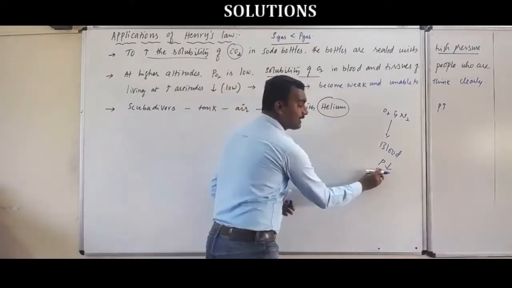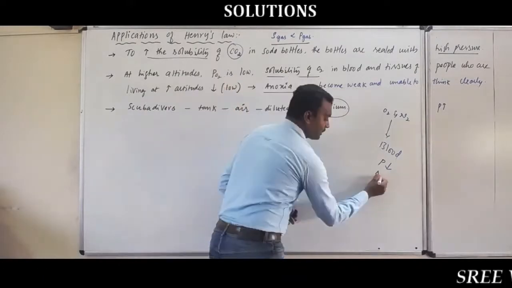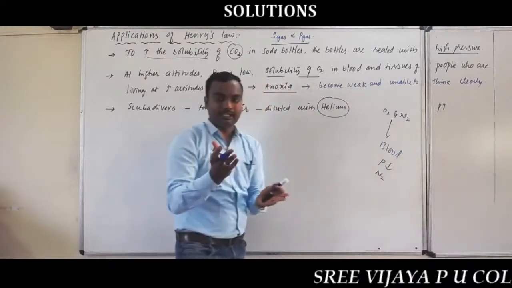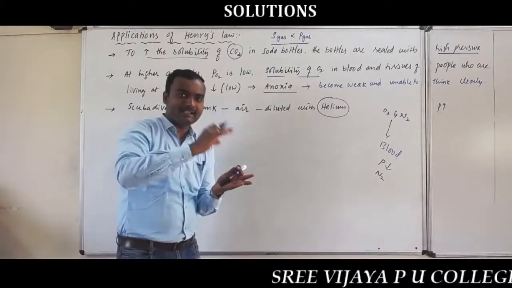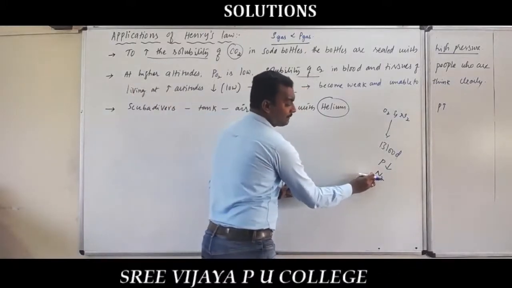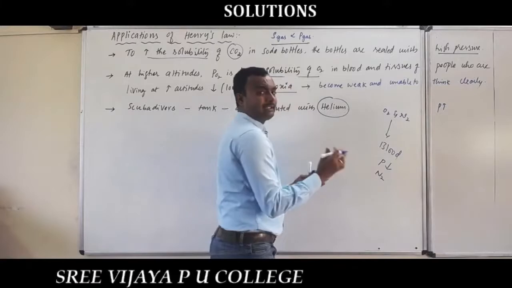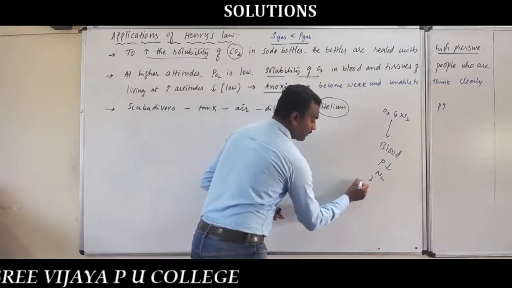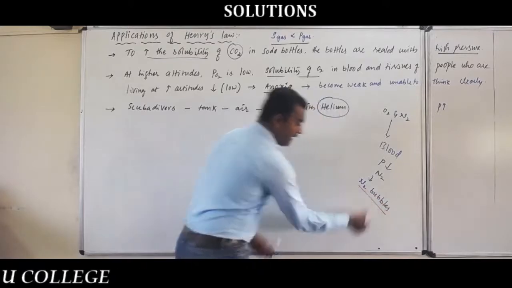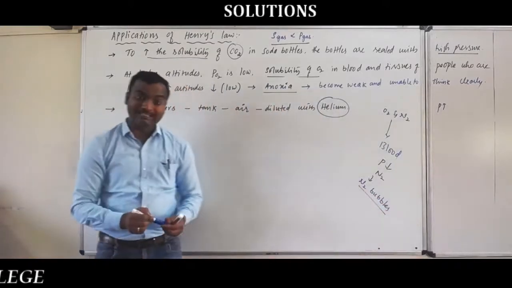At the deep sea the pressure is high, so more oxygen and nitrogen is dissolved in the blood. When they are coming back towards the surface, the pressure gradually decreases, and at the same time the nitrogen gas which is dissolved in the blood is coming out of the blood. That leads to the formation of nitrogen bubbles in the blood capillaries.